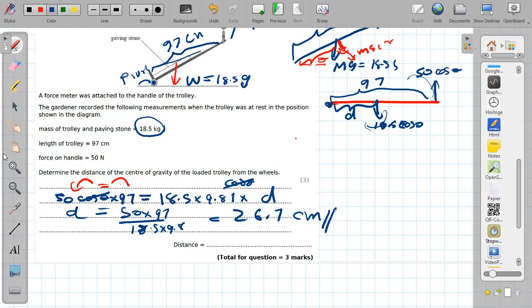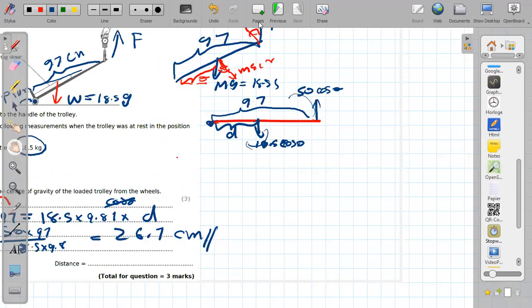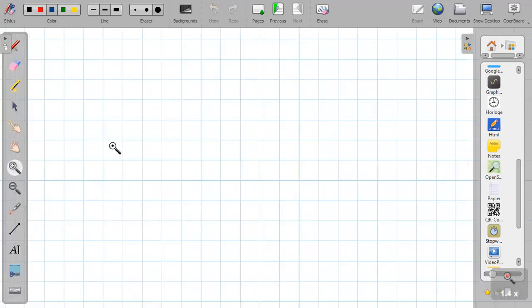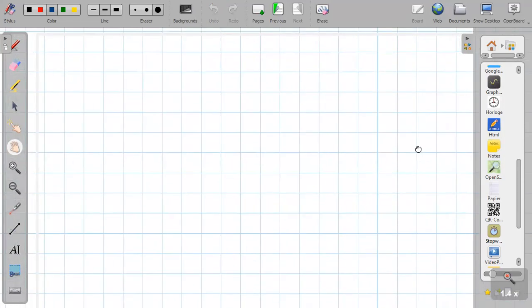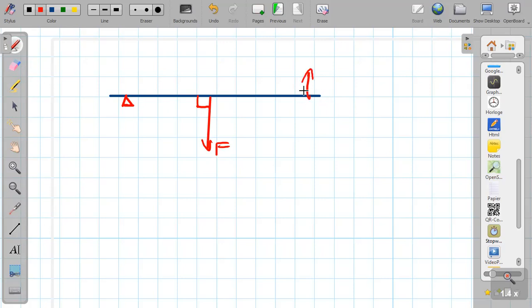So can you explain the angle part again? I will explain. Let me teach you that on the next page. All the time we get the forces perpendicular to the distance, right?